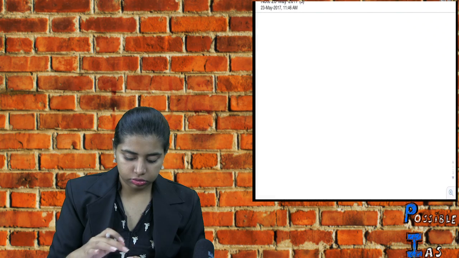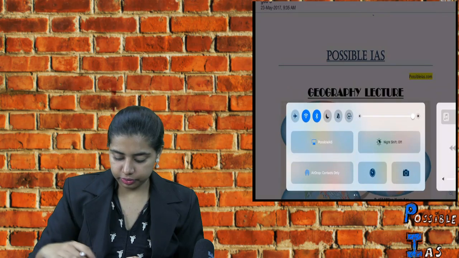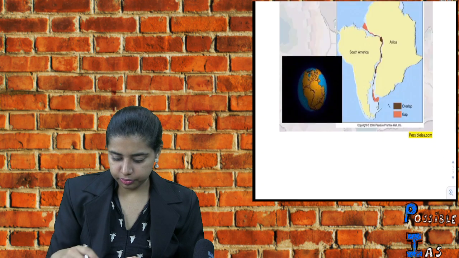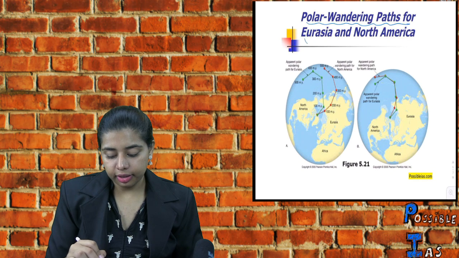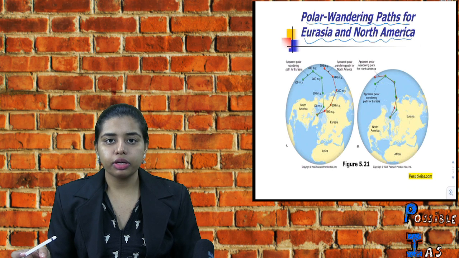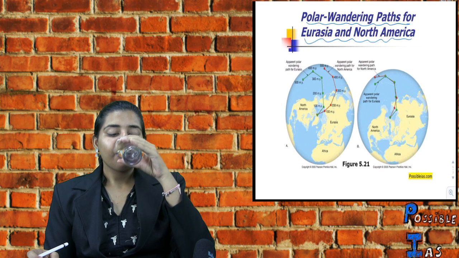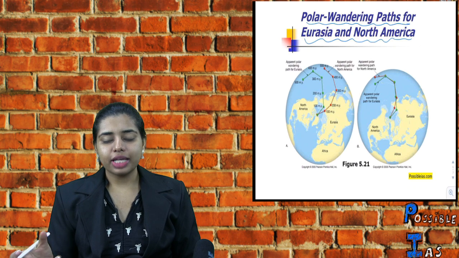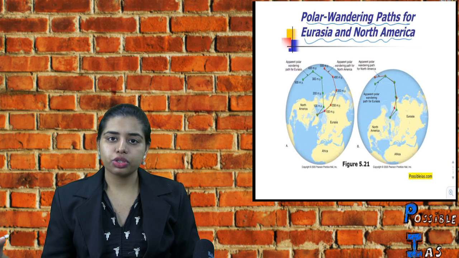They saw that rocks with different magnetic orientations are found in different orientations. So different paleomagnetic minerals are found in different orientations in different periods of time.